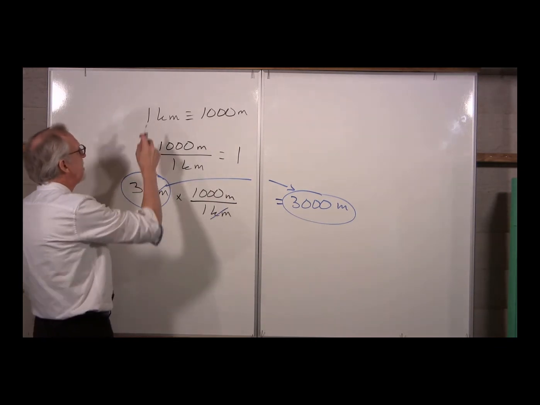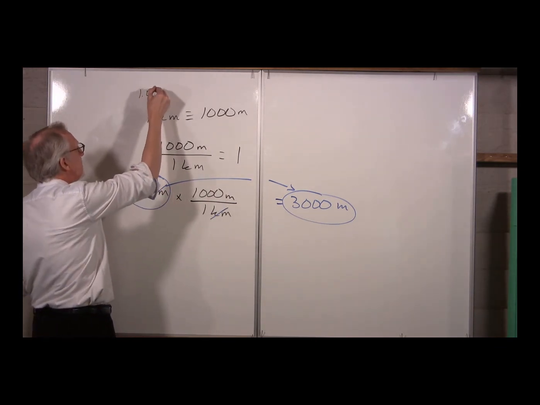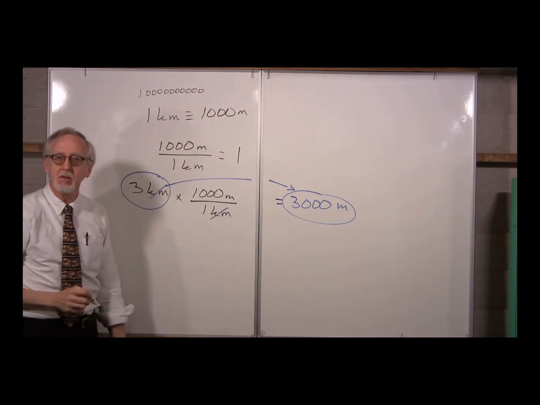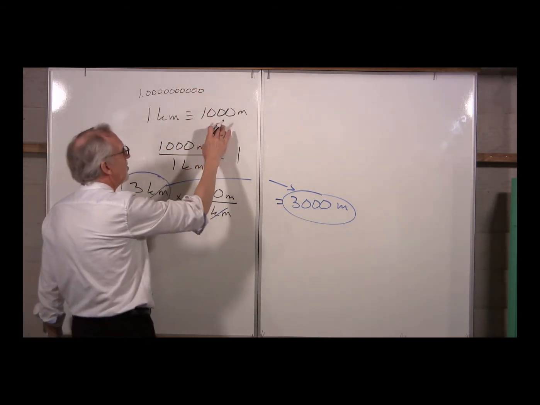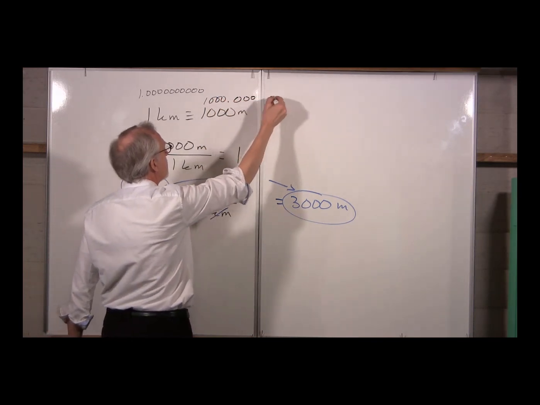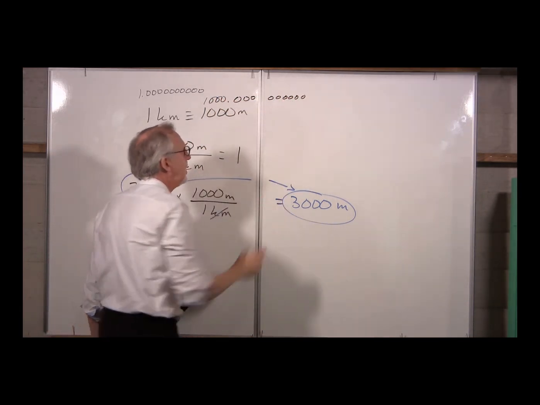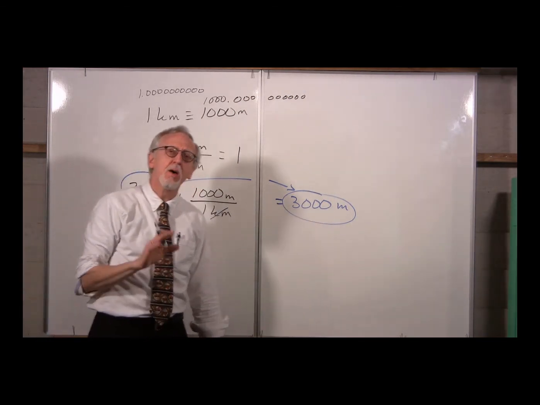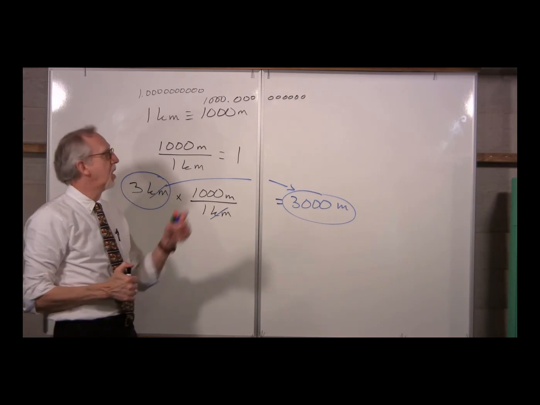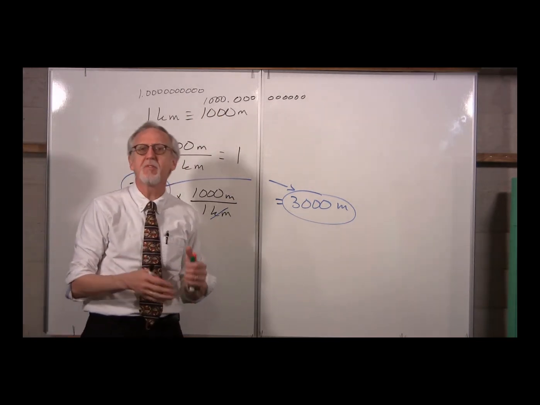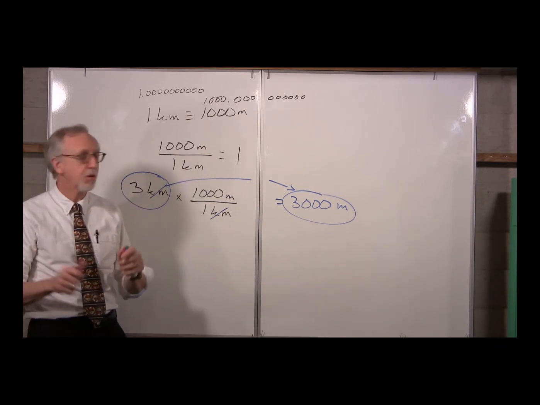So we could think of this 1 as 1.00000000000, as many zeros as we want. And that 1,000, we could think of as 1,000.000000000, again, with as many significant figures as we want. The bottom line is that when you are using exact values, you don't need to worry about how many sig figs they have written with them.